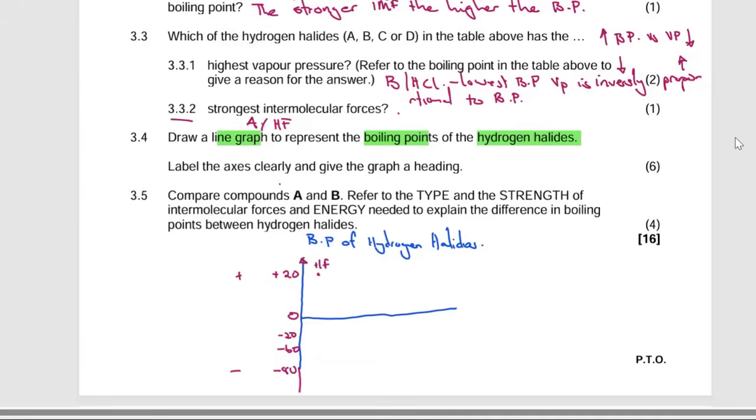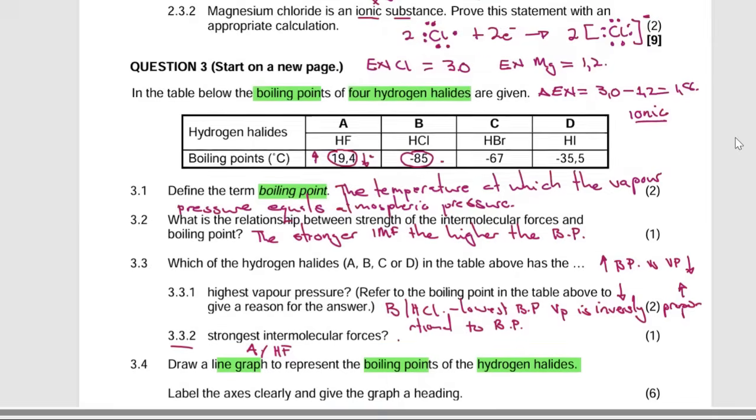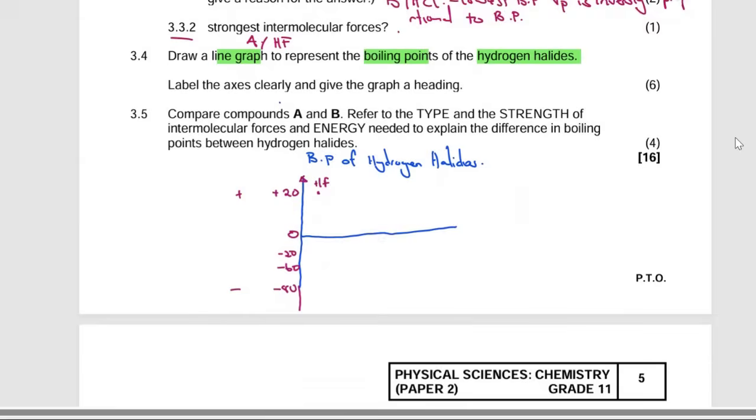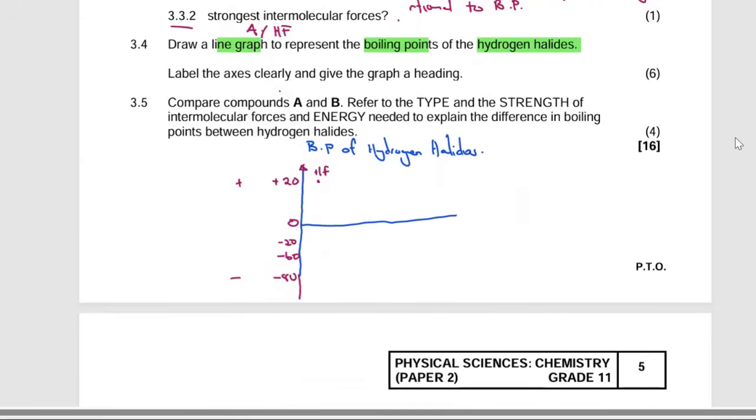Then after that, the next value that I'm having is going to be a negative 85, so it's almost here, and I'm going to put it somewhere there.